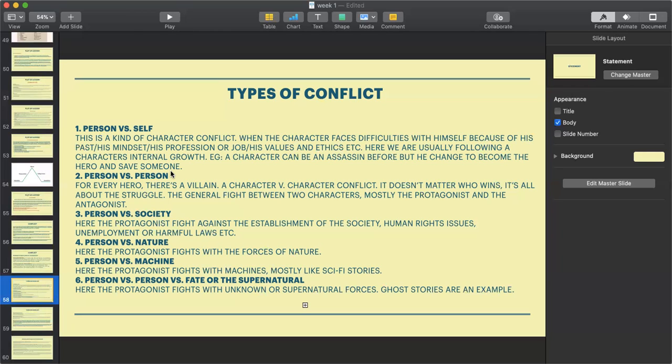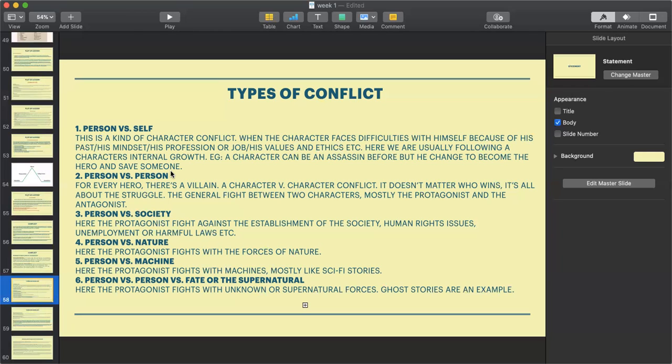It creates a division among people, it creates a division among society. So there might be a character who is fighting against this social system, okay? So these kinds of stories are where it is a person versus society, a social system.